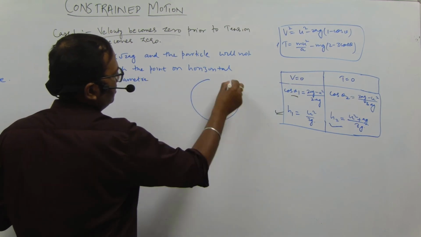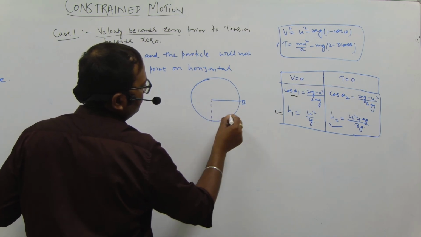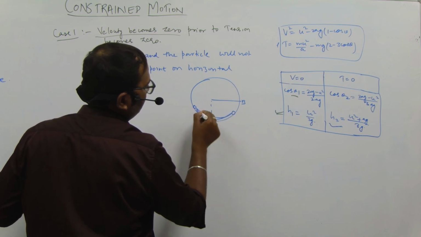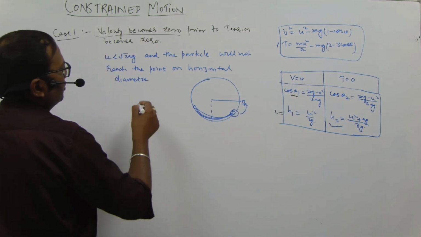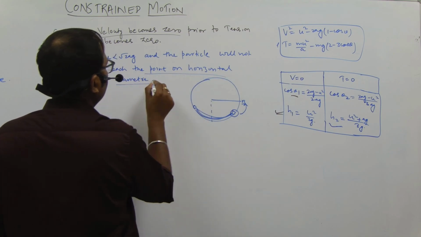Let us consider the point on the horizontal diameter as B. So this will oscillate along this particular path. This particle will not reach up to this point B, will not reach the point on the horizontal diameter.